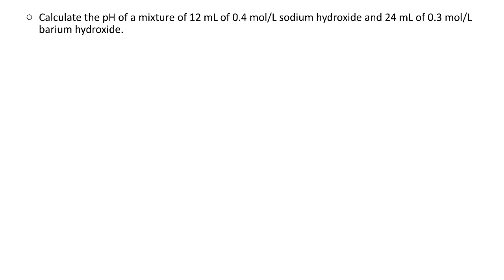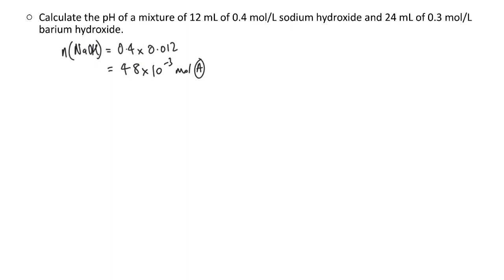So we've got some sodium hydroxide and some barium hydroxide. And so when you do these calculations, you've got to really make sure that you're writing out everything in the annotation. So we're working out the number of moles of NaOH first. Okay, so it's CV, so it's 0.4 times 0.012, which happens to be 4.8 times 10 to the negative 3 mole.